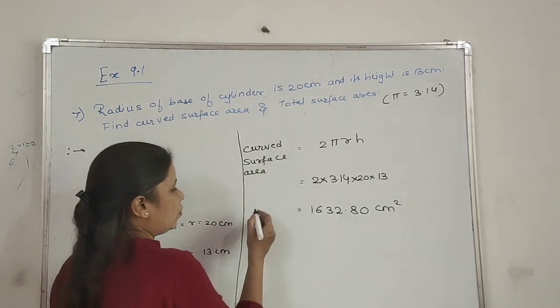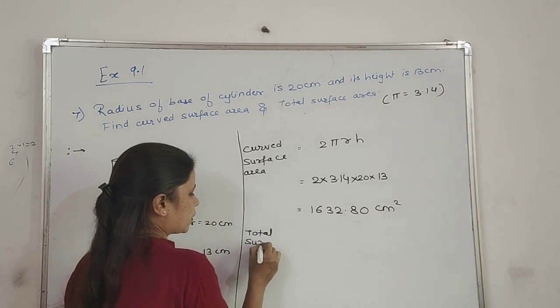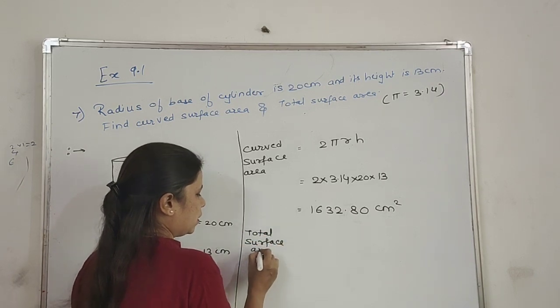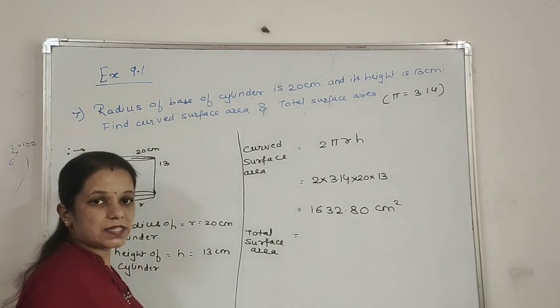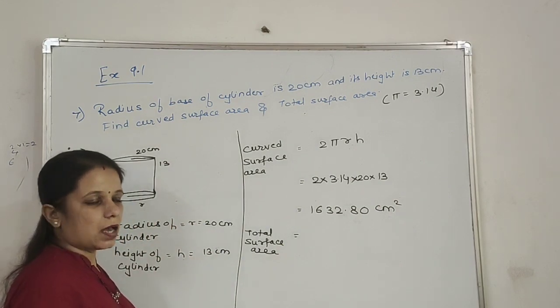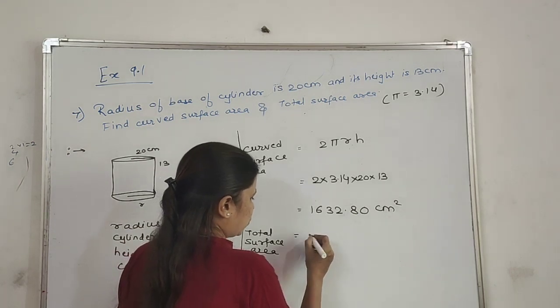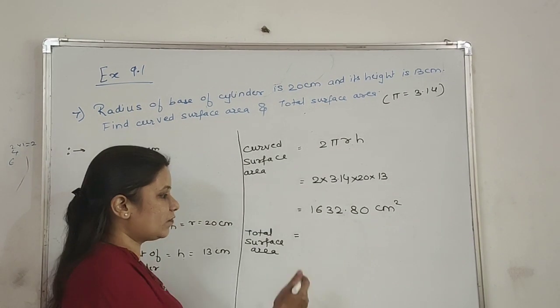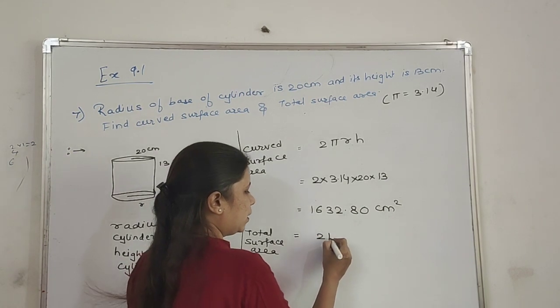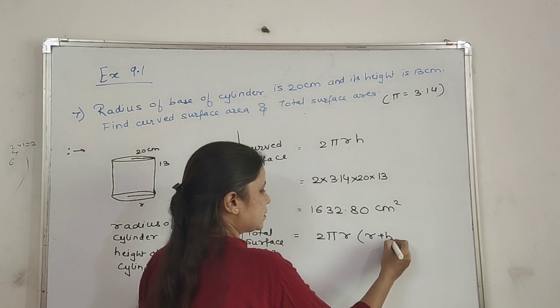Okay. Now next is total surface area. Total surface area for cylinder is given by the formula 2 pi r (r plus h).